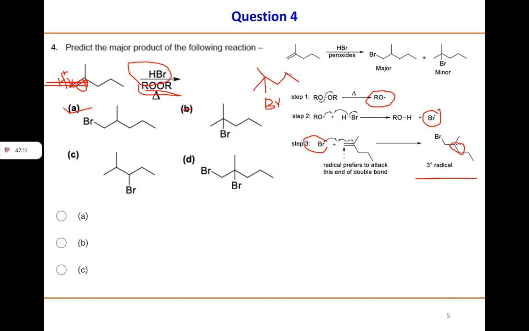But this reaction is undergoing in the presence of peroxide, so peroxide will form the radical here, and then that alkoxy radical will take the proton and form a bromo radical, and this Br radical will add to the double bond to form the tertiary radical, which is the most stable radical. Then this radical will be trapped by an H radical to form the desired product, which is option number A.